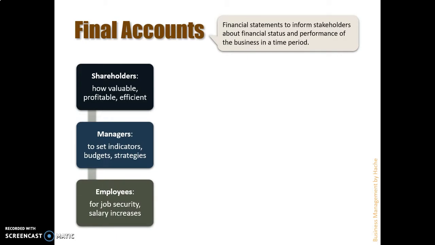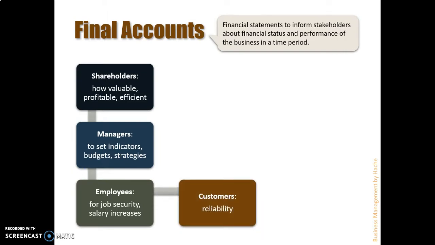Employees, on the other hand, will like to look at the numbers and make sure that the business is financially stable. I mean, they would like to see these numbers for job security. They would like to tell that they can keep their jobs. And if the business is growing, they would like to look for a chance for salary increases.